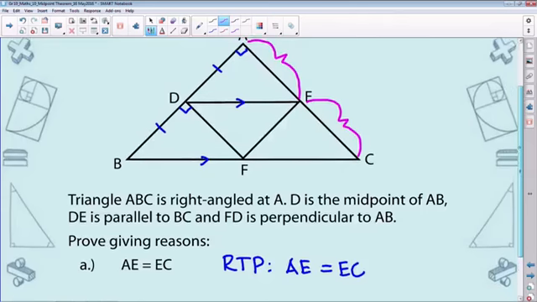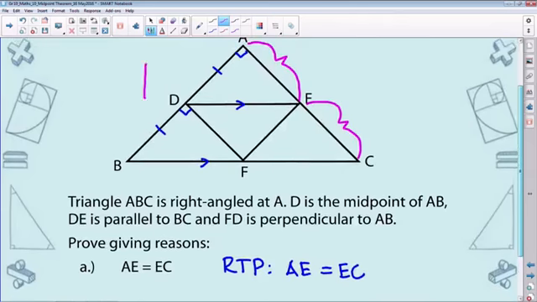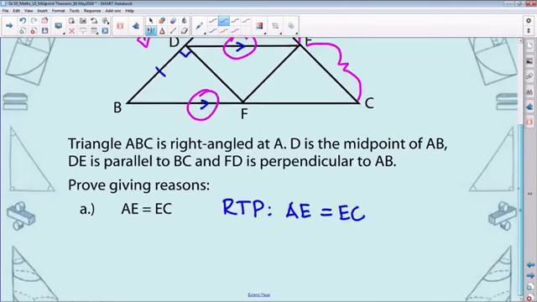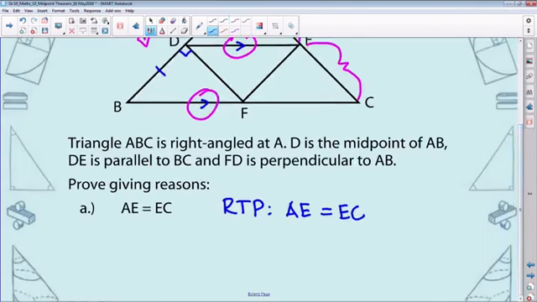But we only know that the midpoint theorem is going to work over here because that side is equal to that side, and because that line is parallel to that. So before we can say that AE equals EC because of midpoint theorem, we need to first state the obvious.